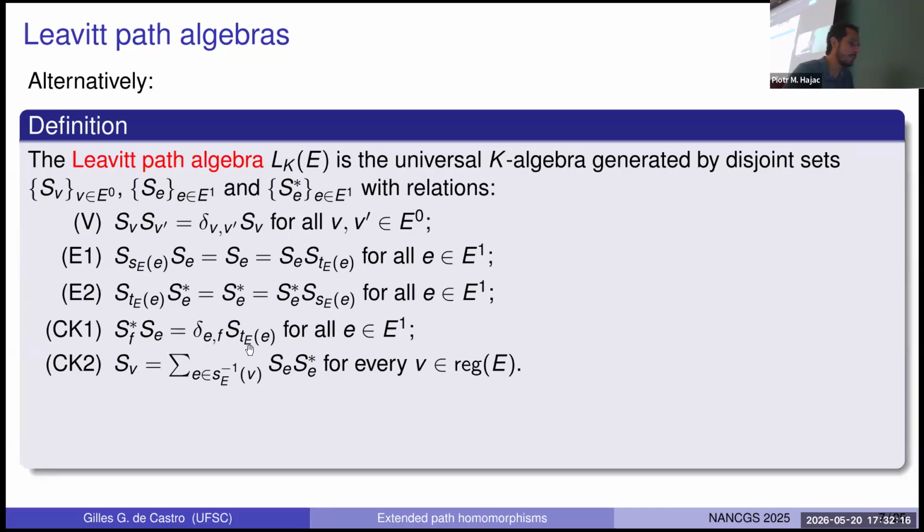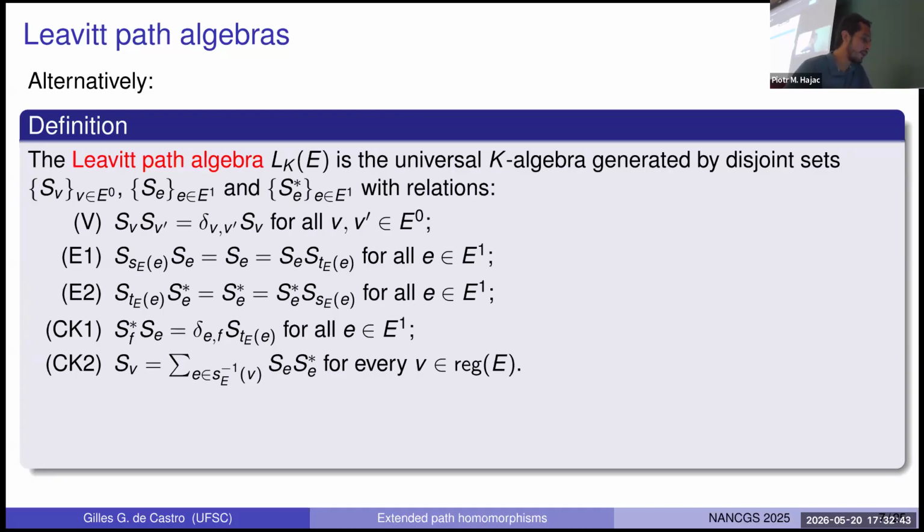This is where people don't like this convention, because it should be the initial projection, the initial projection is associated with the target, so that's why some people use a source here, and every convention is a little bit different. And finally, this CK2 relation, which is the relation that comes from the Cuntz algebra and the Leavitt algebras, which is just saying that a vertex which is regular is written as the sum of s_e s_e star.